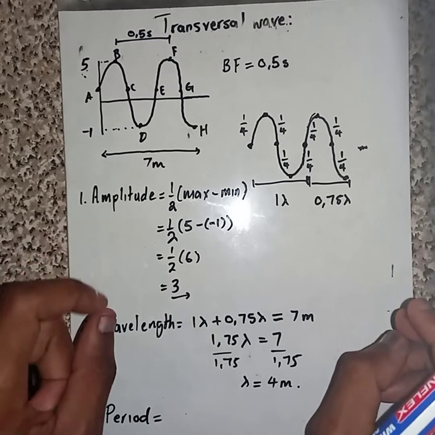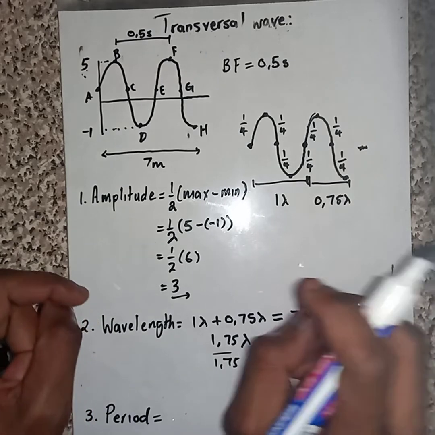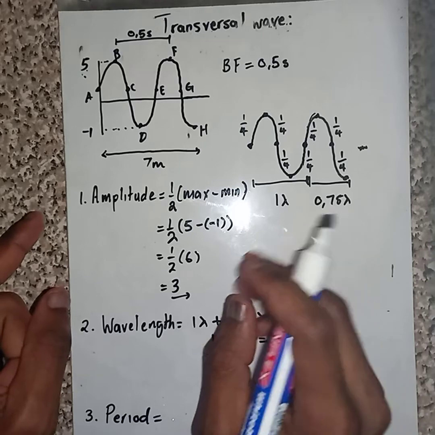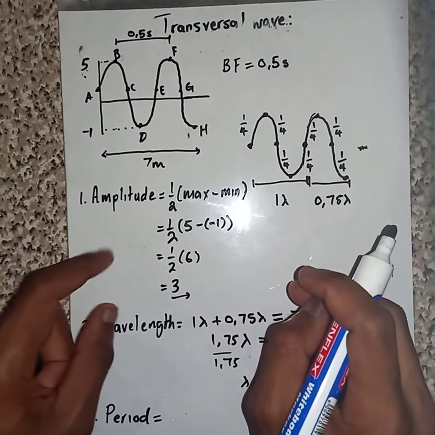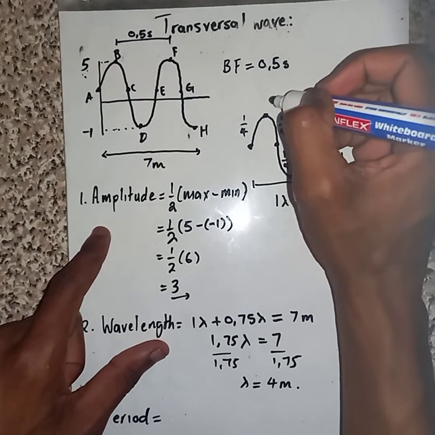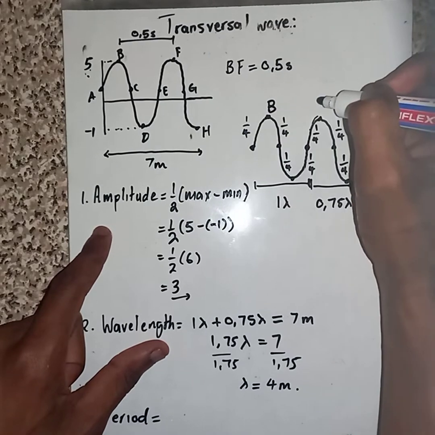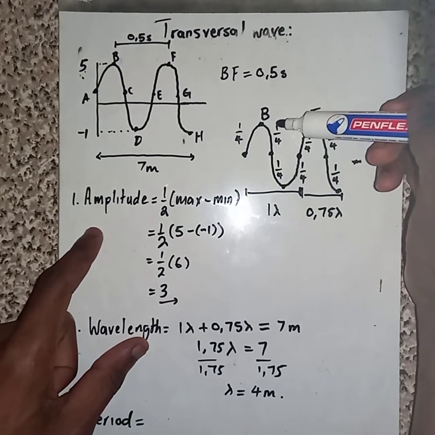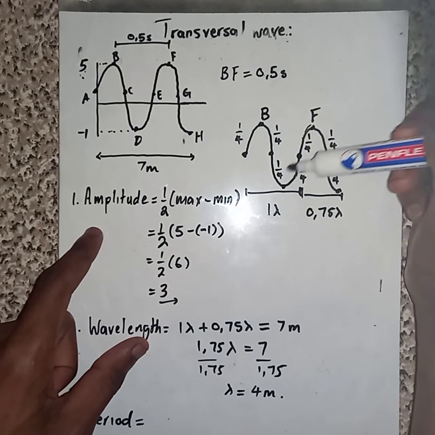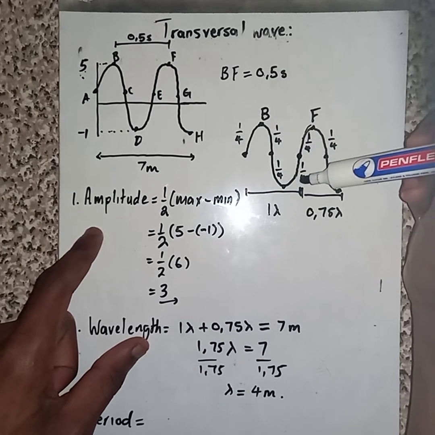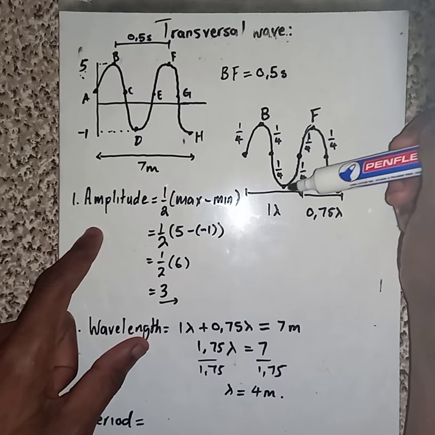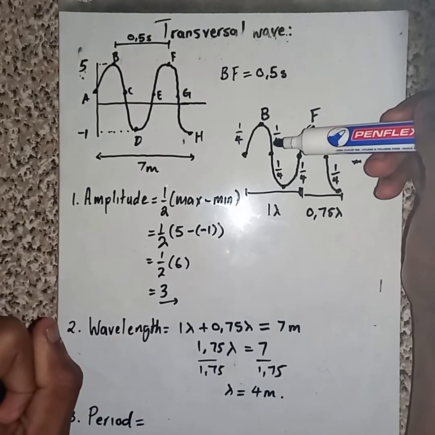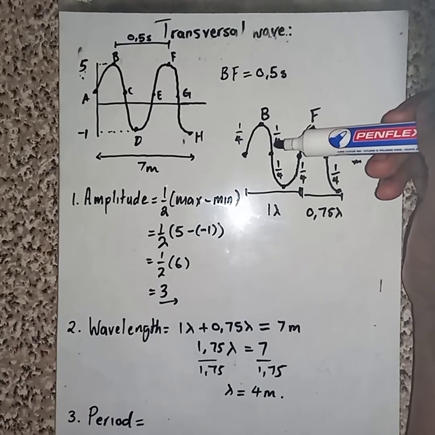Don't forget that just now I stated to you that the period is the time taken to complete a cycle. You see? From B to F, B is somewhere here, then F is somewhere here. How many quarters do I have? 1 over 4, 1 over 4, 1 over 4, 1 over 4. I have 4. If I add these 4 quarters, I'm going to get 1. You see, it's a full cycle.